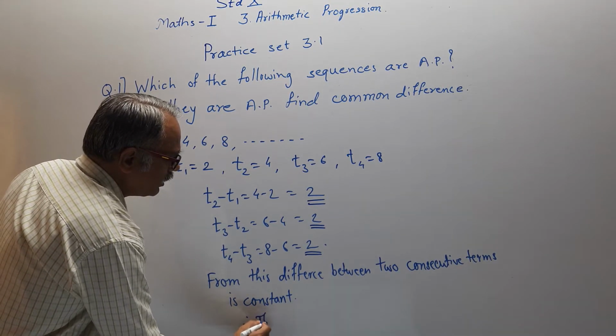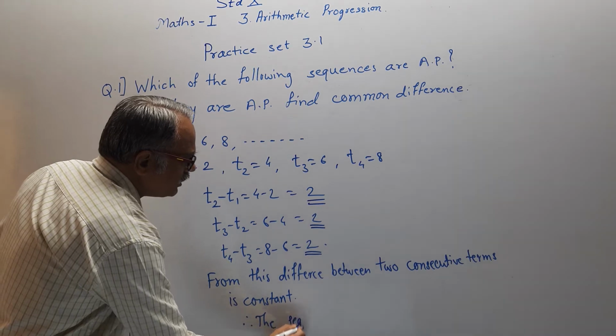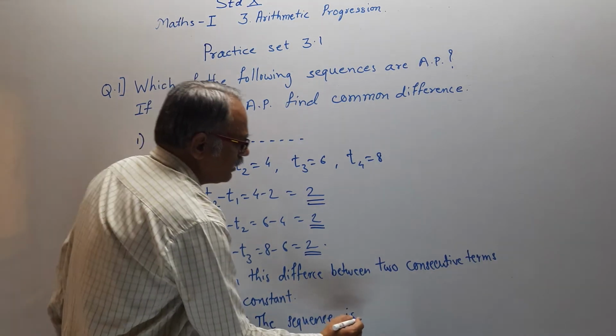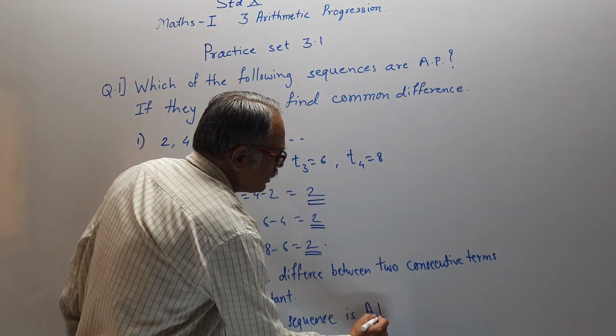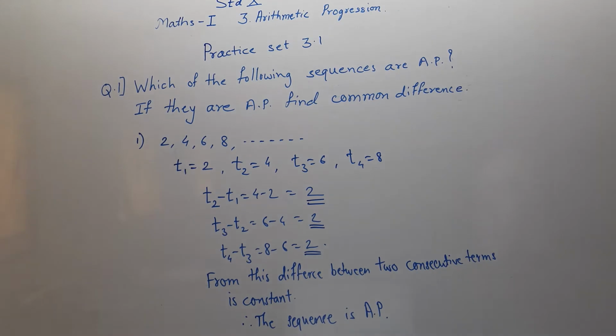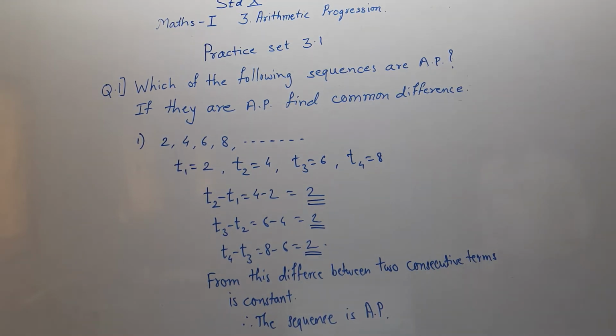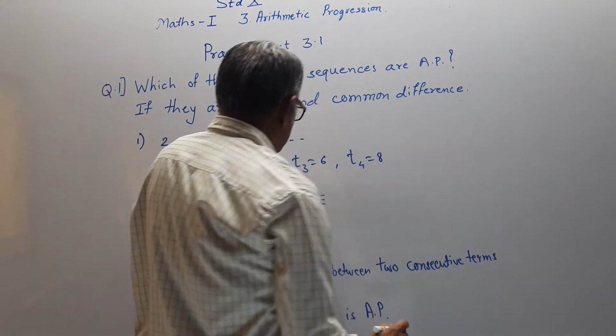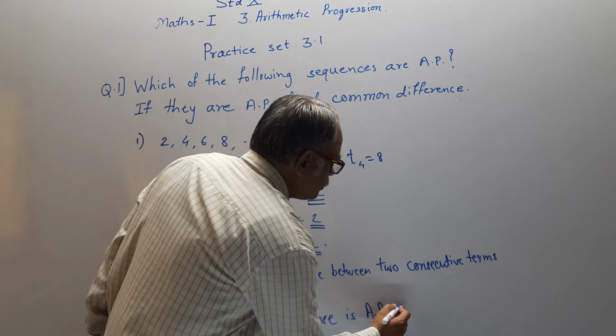Therefore, the sequence is AP. AP means what? Arithmetic progression. And the common difference D is equal to 2.